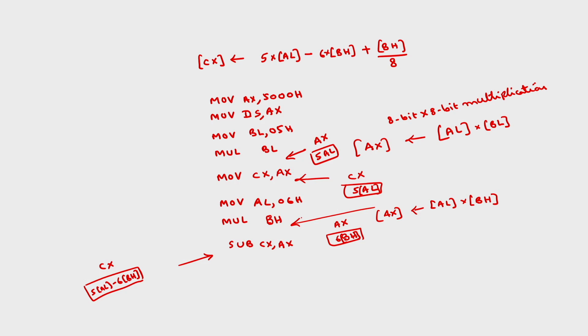Okay. So, this division by 8, division by any power of 2, can be performed by simply using shift, no need of using the division operation. Okay. So, here you basically have to shift by 3 bits to the right.